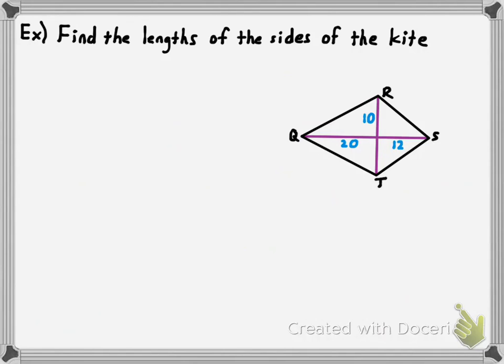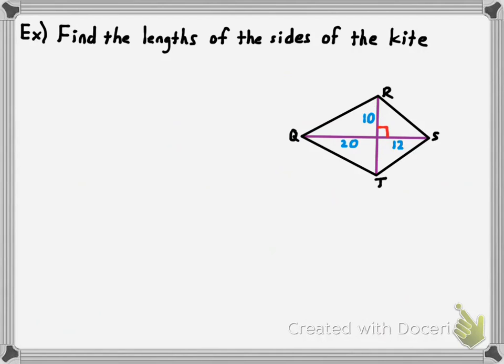Now, how are we going to find the lengths of the sides using the diagonals? Well, we're going to use one of the two facts that I told you about the diagonals of a kite, and that is that the diagonals are perpendicular to one another, so here's a right angle, which means that each of these 4 triangles that you see here are right triangles.